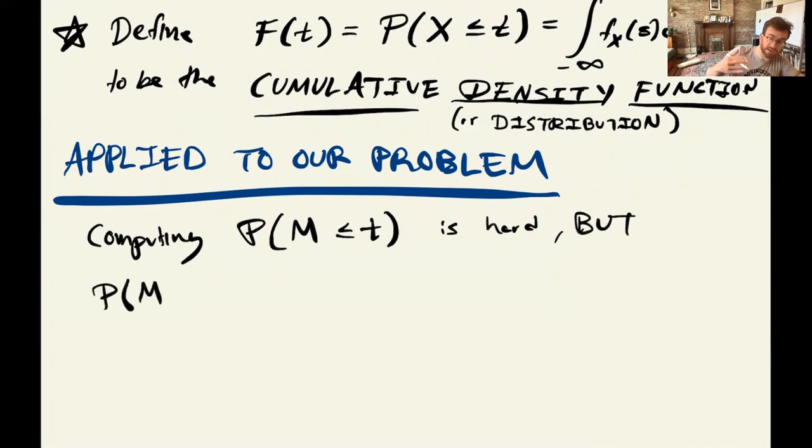Computing the excess or remaining density function, the probability that M is greater than t, actually turns out to be easy, because all I'm saying is that the minimum value has to exceed t. The first formula asks that one of the values has to be less than t, but you don't know which one, and the other ones can be anything as long as they're greater than that. Working with this condition turns out to be easier, because I know that every random variable has to be greater than t.